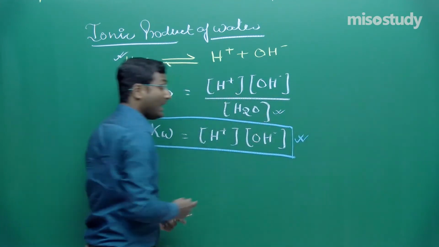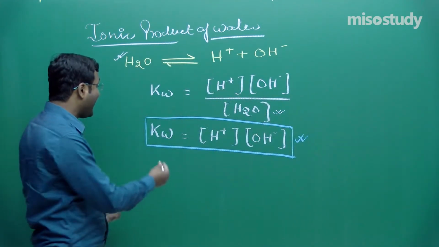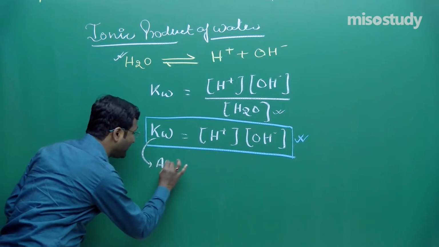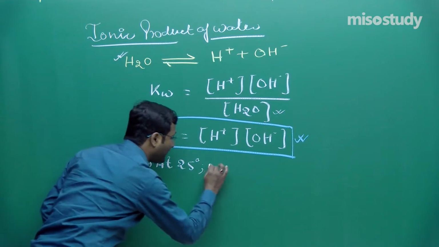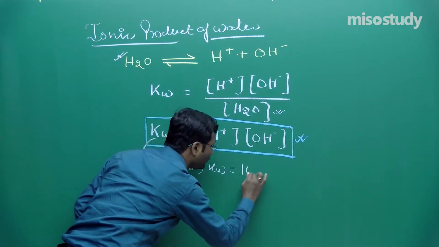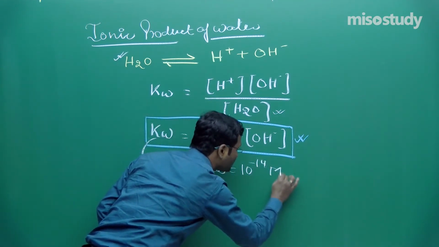Now, experimentally, it is found that at 25 degrees Celsius, the value of Kw is equal to 10 to the power minus 14.